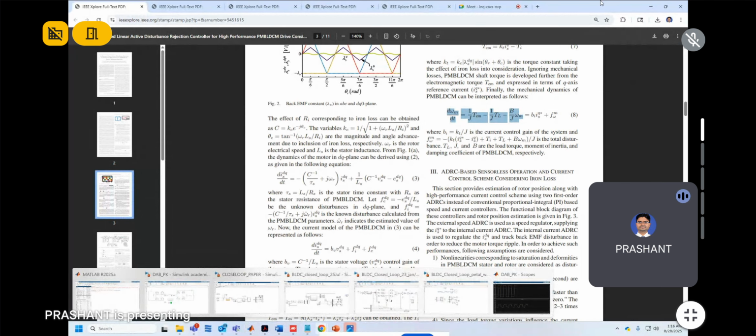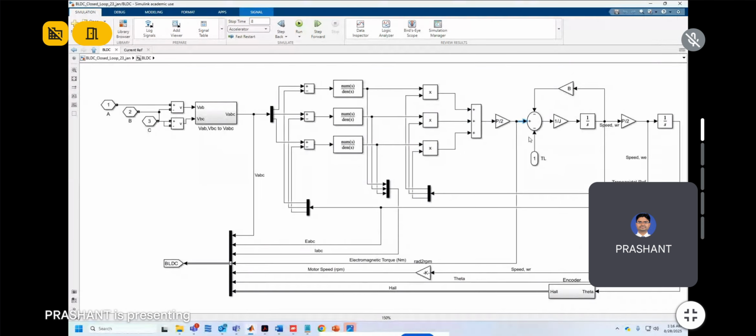So coming to now MATLAB, we have here T, this is load torque. So then plus symbol minus symbol. So this will be TE minus TL.